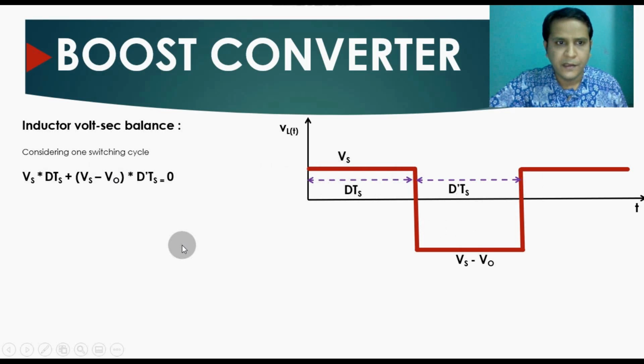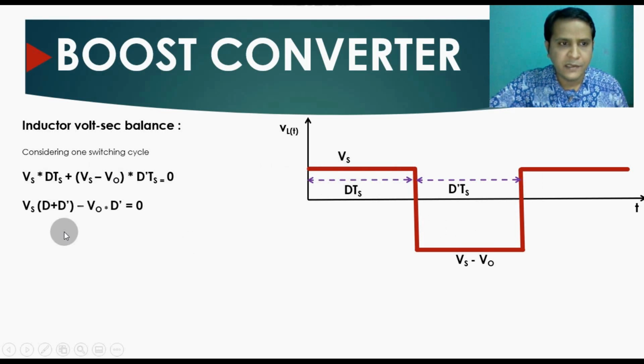If you further solve this and take Vs common, then you have D plus D prime times Vs minus VO into D prime times. If you further solve this, your V out equals Vs divided by D prime times.